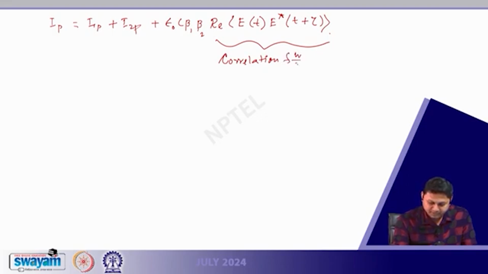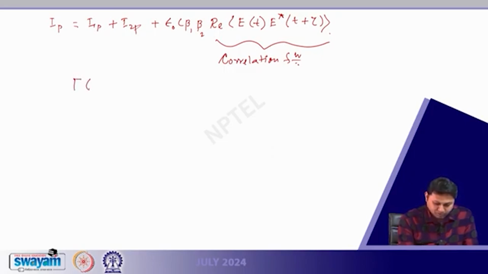This is called the correlation function, that correlates the electric field at some time t, multiplied by the complex conjugate of the same electric field at some later time t plus tau, and this is given by a factor gamma.